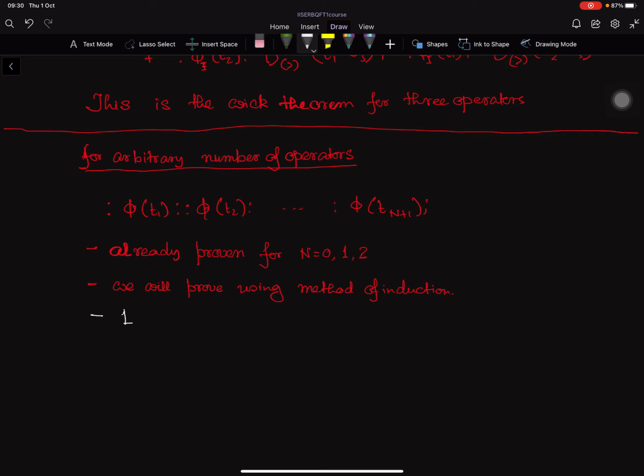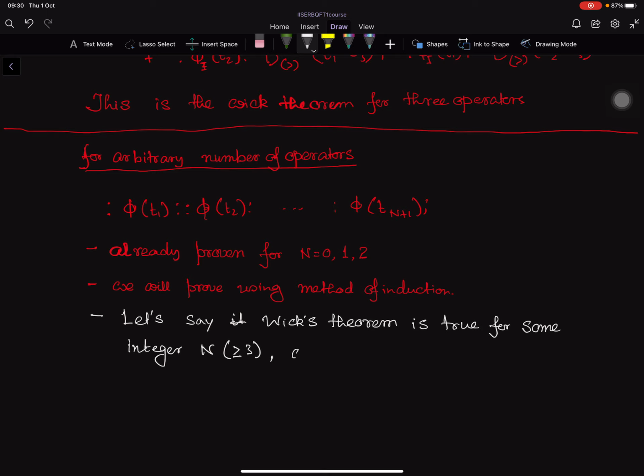So let's assume that Wick's theorem is true for some integer n, and we will try to prove it for n plus 1.